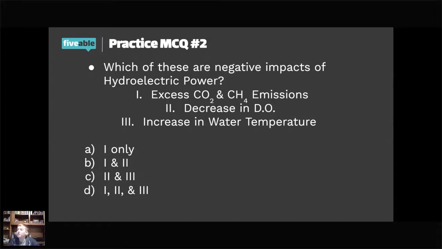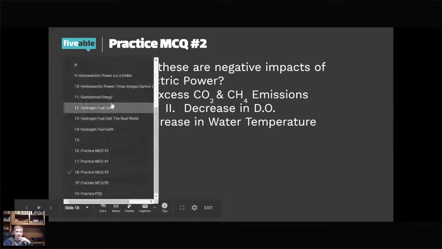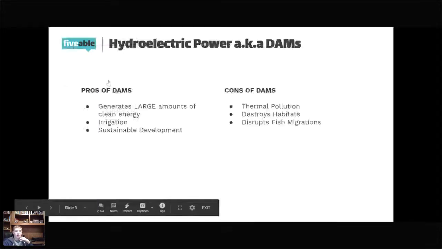Okay, so let's go through these things. So hydroelectric power, that's dams. Excess CO2 and CH4 emissions. Okay, so CO2 and CH4. Let me go back and look at that slide again. Let's see, hydroelectric power, aka dams.